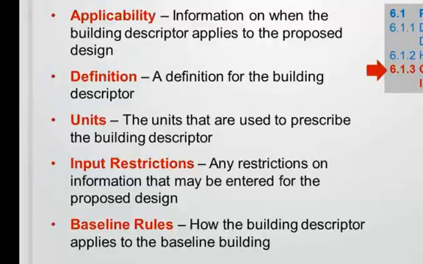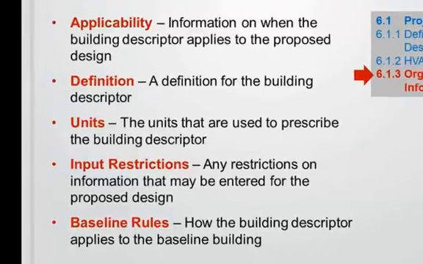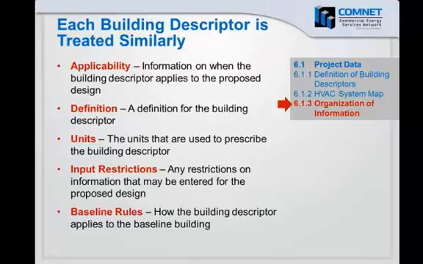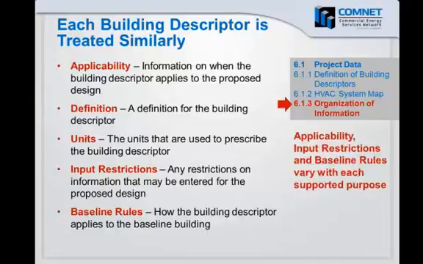The 4th section describes any kind of input restrictions for the purposes of green building ratings and tax credits. Often, for things like schedules or occupant loads or plug loads, there are restrictions on what can be modeled, and so that's discussed there. And then the last section has the rules for defining the baseline building. So there are about 550 building descriptors, and they all are organized in the same manner so that we don't have to figure out a different organization each time.